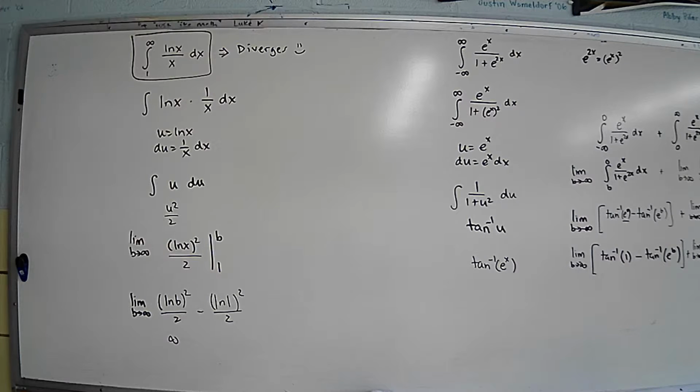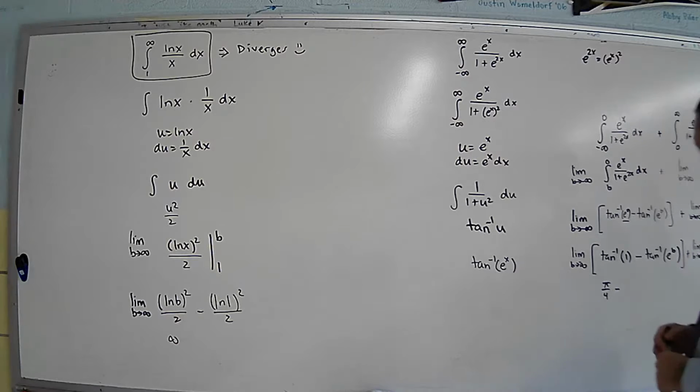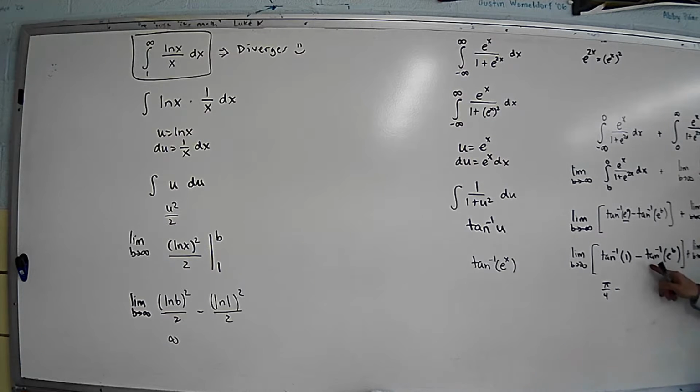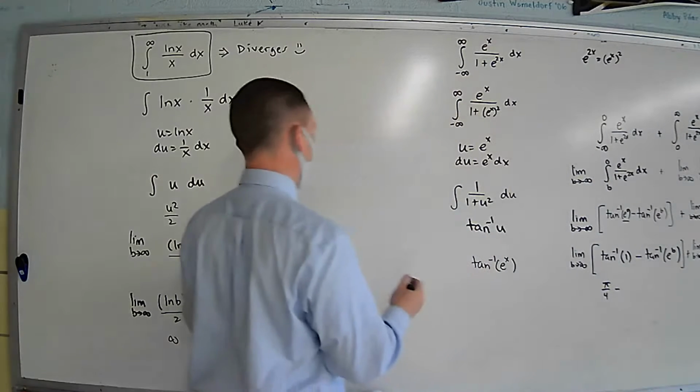What is the inverse tangent of 1? Pi over 4. Minus, you want to be careful here, my friends. What is the inverse tangent of e to the b as b goes to negative infinity? Hold the phone here.